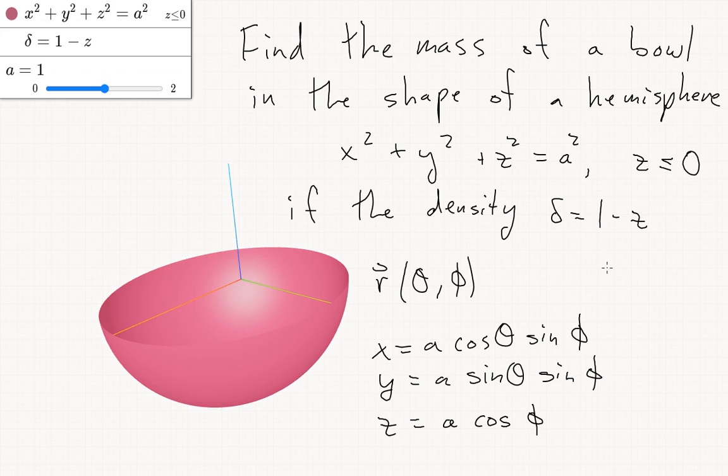So theta, as usual, will go between 0 and 2 pi. But phi, since we only want z less than or equal to 0, remember that the xy plane is where phi is equal to pi over 2. So phi will only go between pi over 2 and pi instead of 0 and pi.